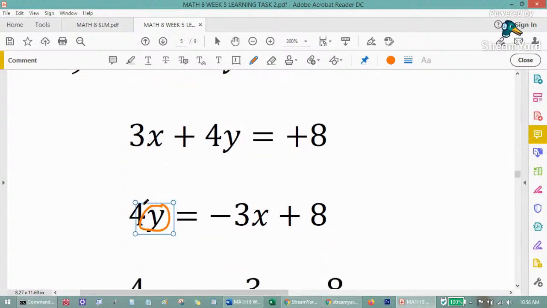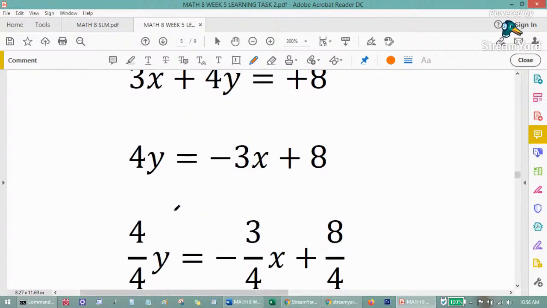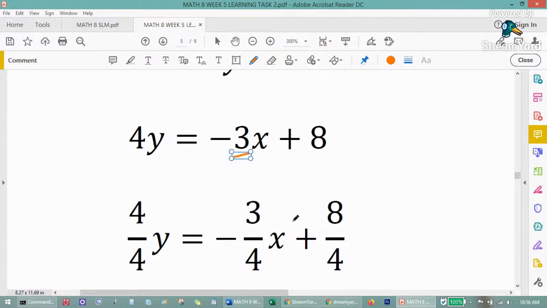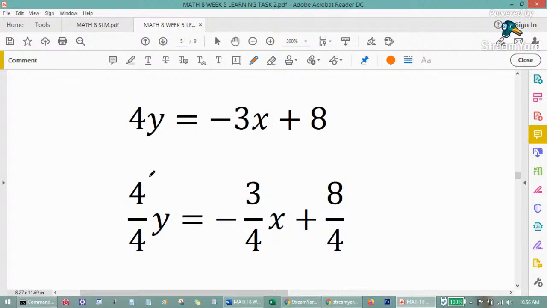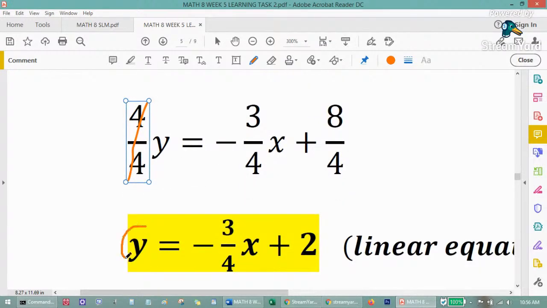So, yung y is may coefficient na 4. Kailangan mawala yung 4. Gagawin natin is, di-divide natin to ng 4. So, 4 divided by 4 is y.